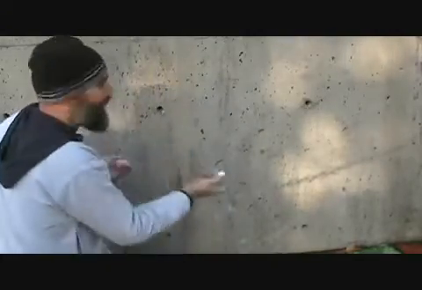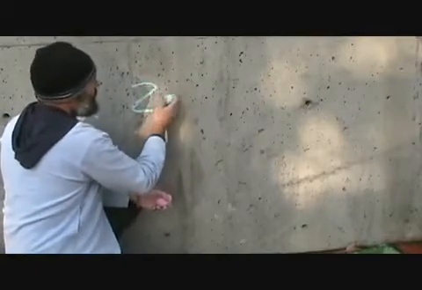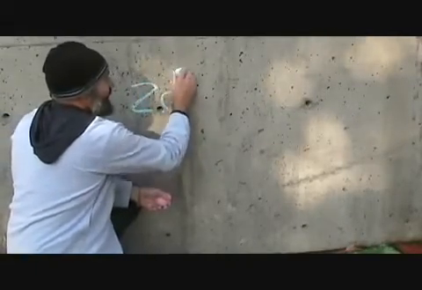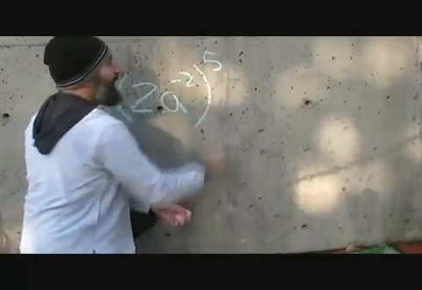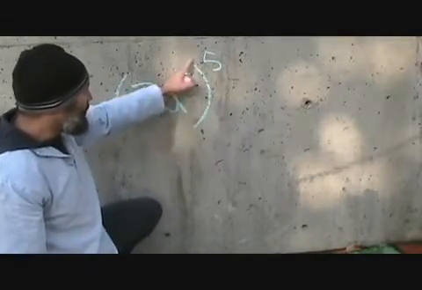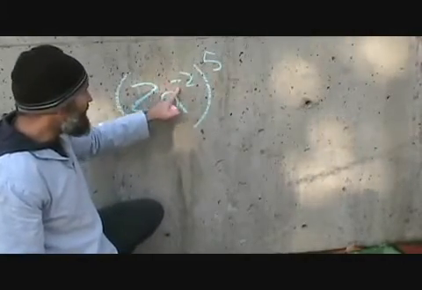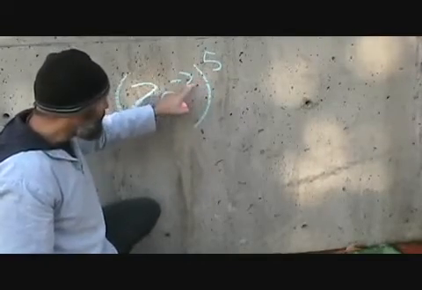So for example, where can we start here? 2a to the negative 2, all to the power of 5. Now, this is the distributive property going in here, and it applies to this and this. And what you do with the exponents is you multiply these guys.